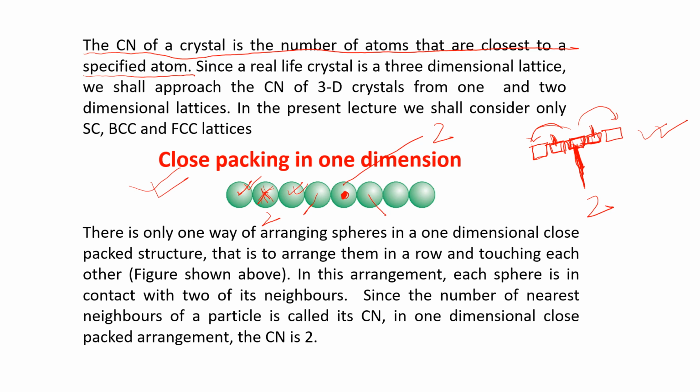Since the number of nearest neighbors of a particle is called its coordination number, in a 1 dimensional close packed arrangement, the coordination number is 2. Is it okay, children? If we are arranging the atoms in 1 dimension, then the coordination number is 2.